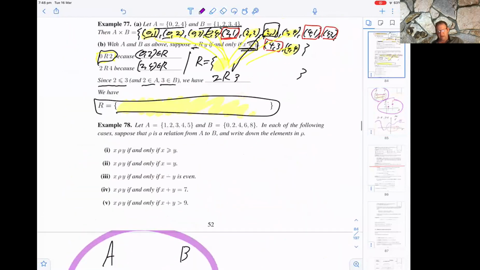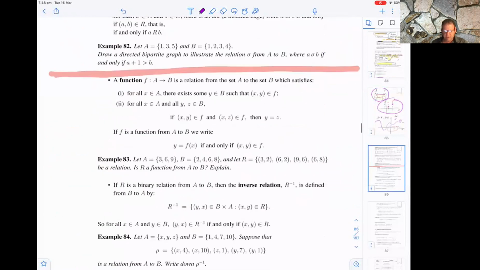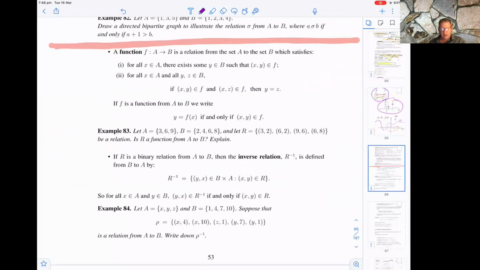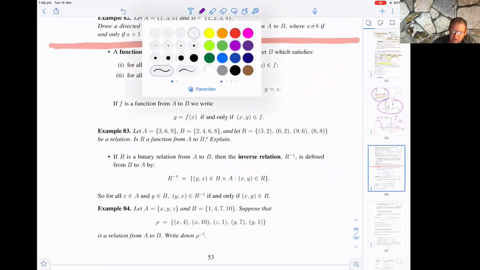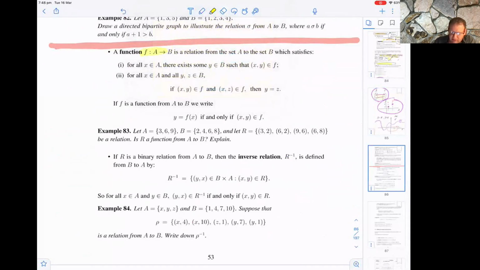So let's now go to the definition of a function. You often denote it like this. It's a function that takes elements in A and gives you elements in B, but let's see what the definition is. For us, that is notation. A function is a relation from the set A to B, which also has the following properties.